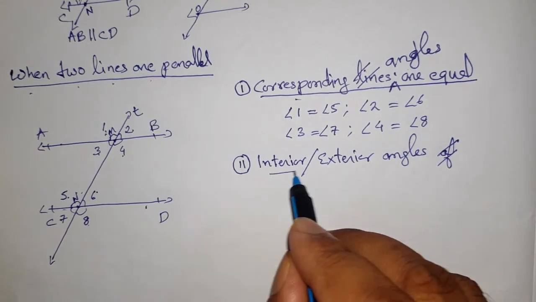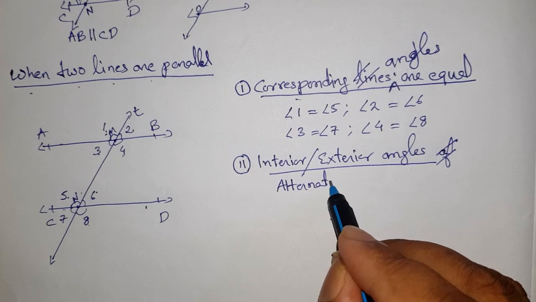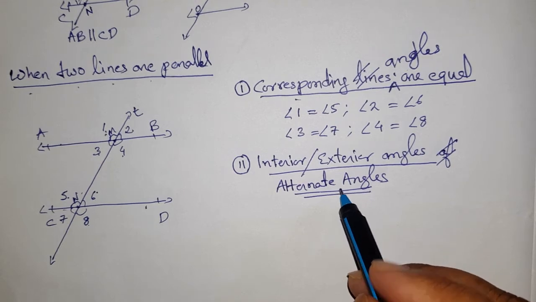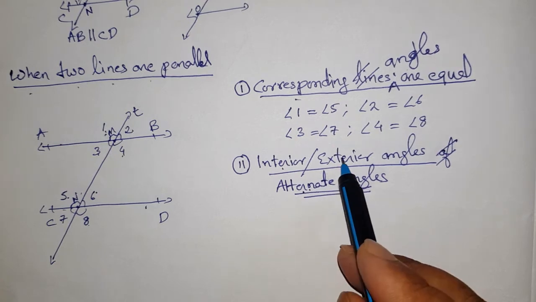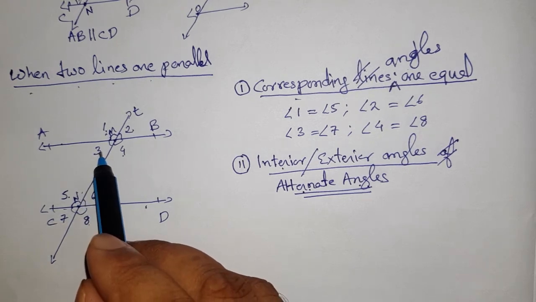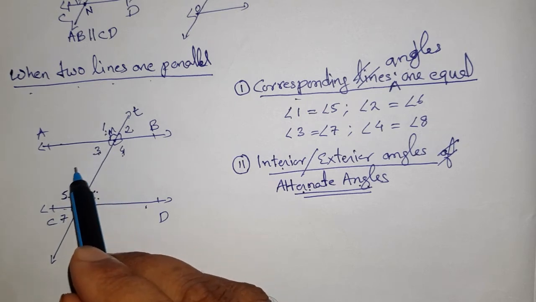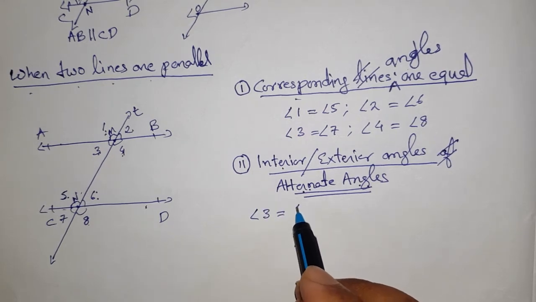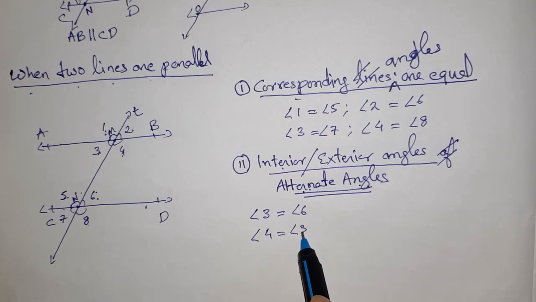So you can write here these two angles of alternate angles. Correct? So we can also read it in this way, alternate interior angles or alternate exterior angles. Understood? For example, you see angle 3 and angle 6, angle 4 and angle 5. They are alternate interior angles. Correct? So you can write here angle 3 is equal to angle 6, angle 4 equal to angle 5.